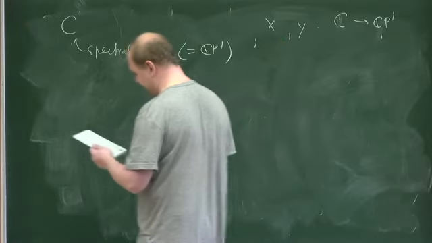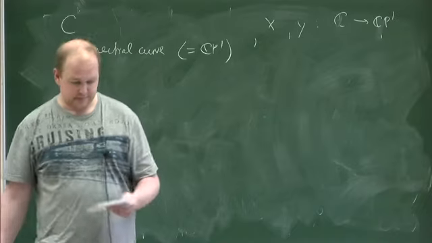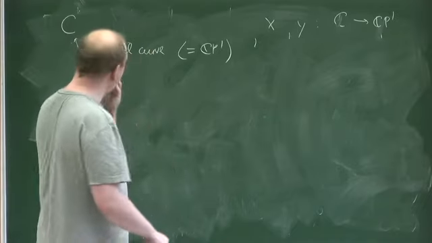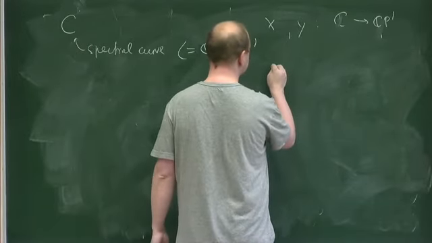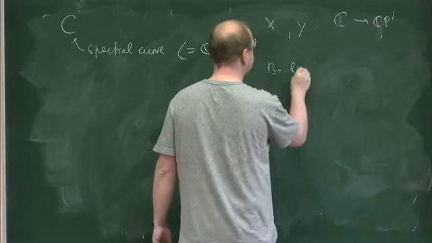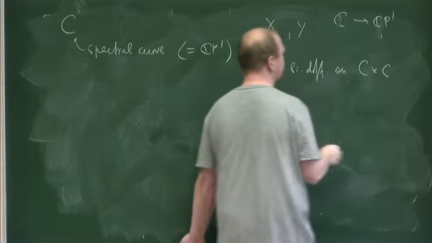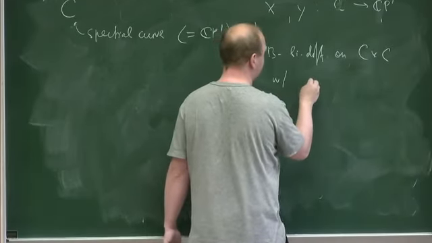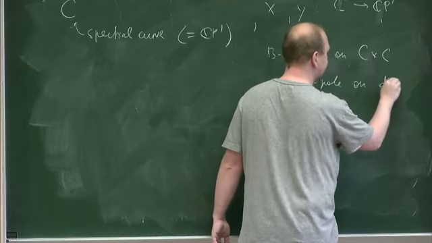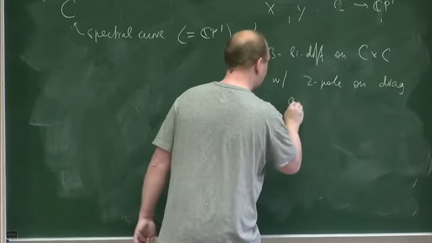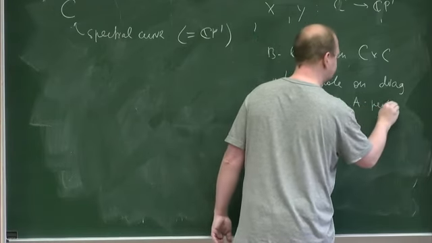So also we want to have what is called the Bergman differential, which is not a good notation, but we want to have a differential of the following type: a bi-differential on C times C with a double pole on the diagonal and 0 A periods.